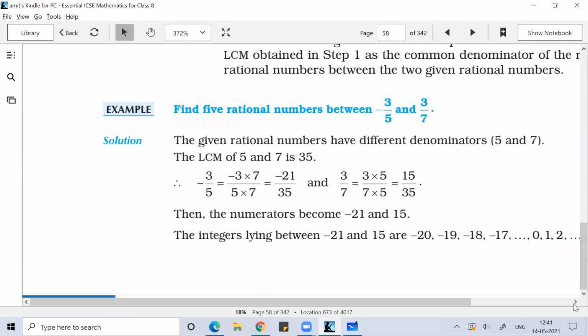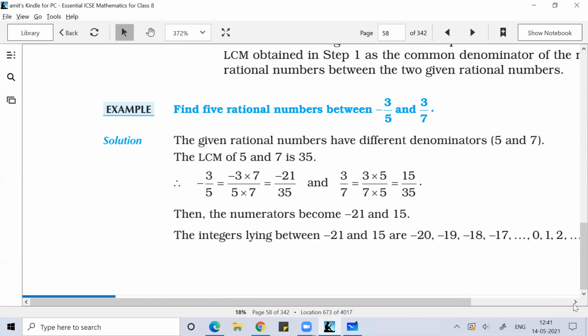So suppose this: find 5 rational numbers between minus 3 by 5 and 3 by 7. Can you do that? Okay, sir. What you have to do is write them with the same denominator. You have to make sure they get the same denominator.